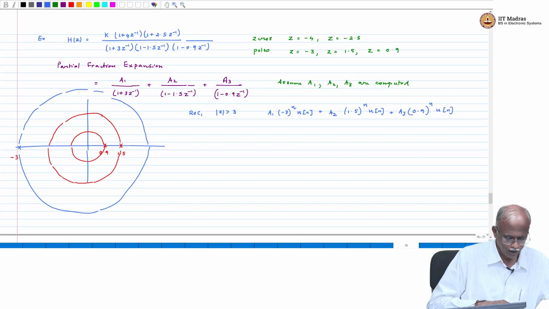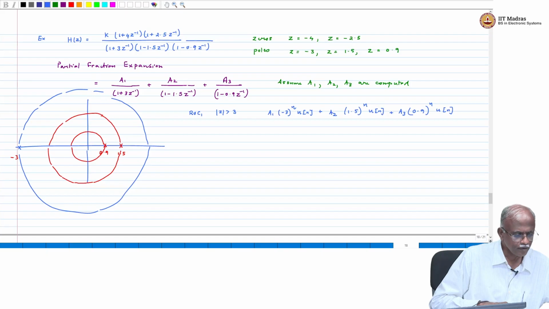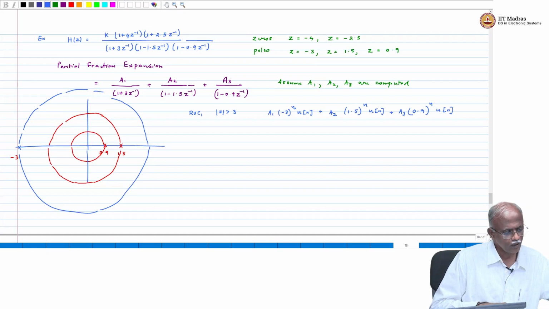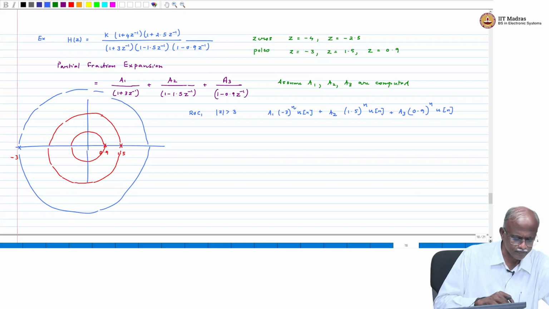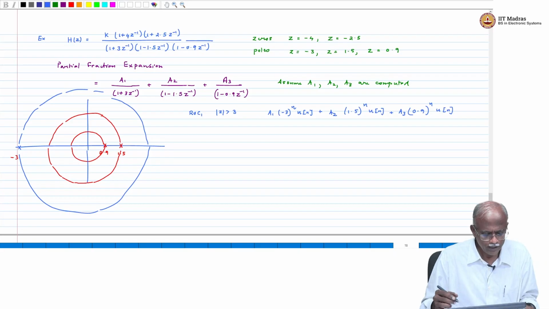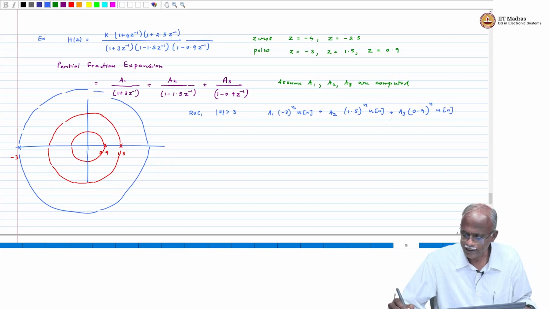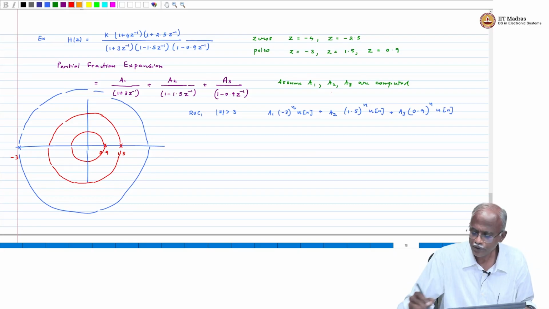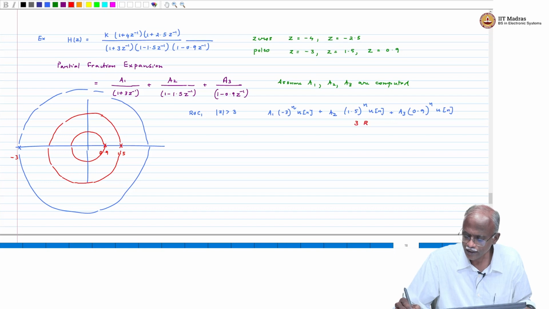In this case, all three are right-sided sequences.